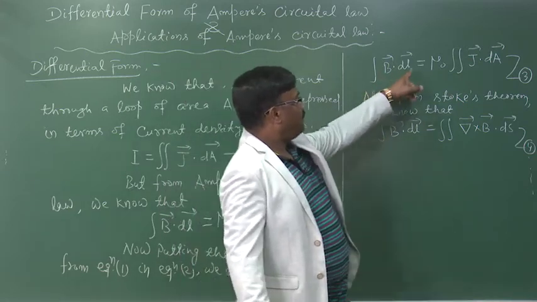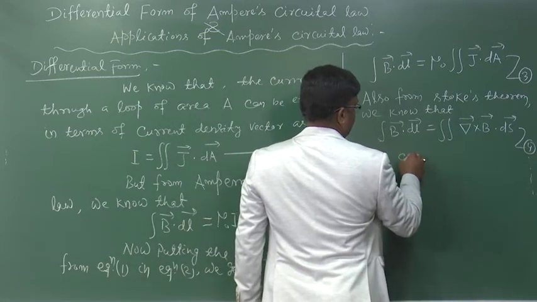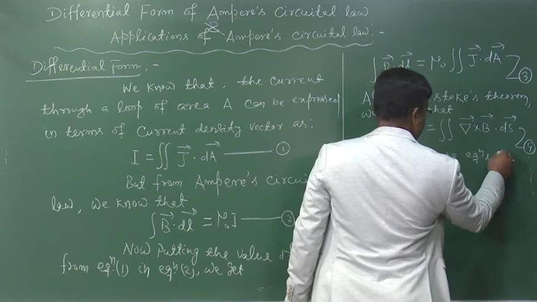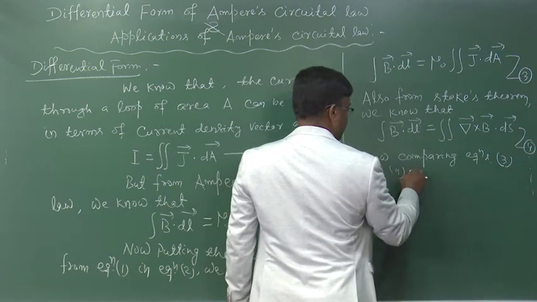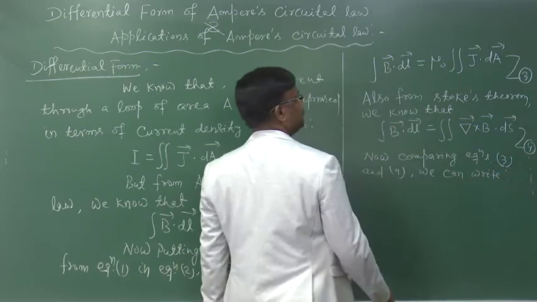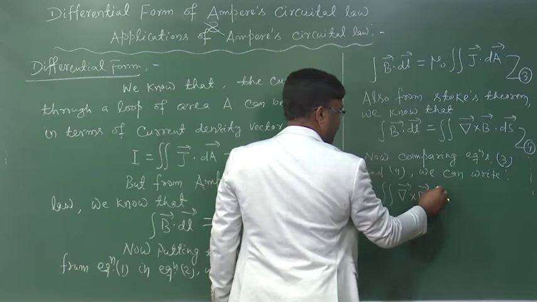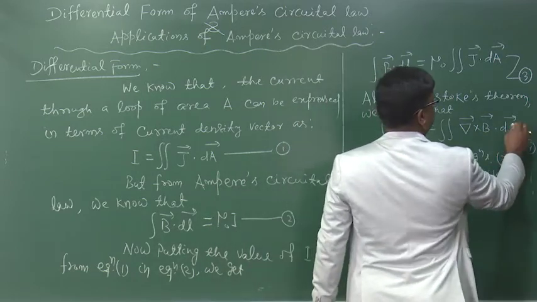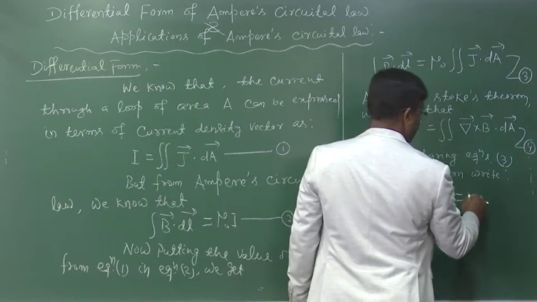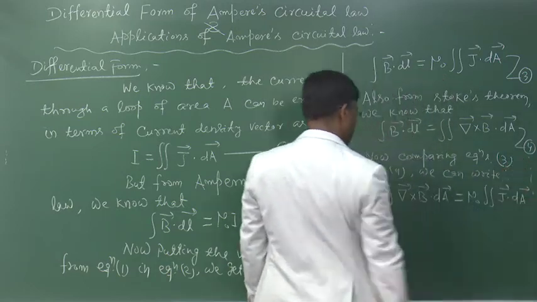Now, comparing equations 3 and 4, we can write the surface integration of the curl of the magnetic field, here I can write A in place of S for surface, so it is dA, equal to mu 0 times the integration of J vector dot dA vector.